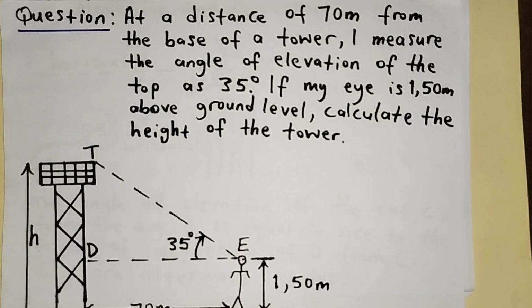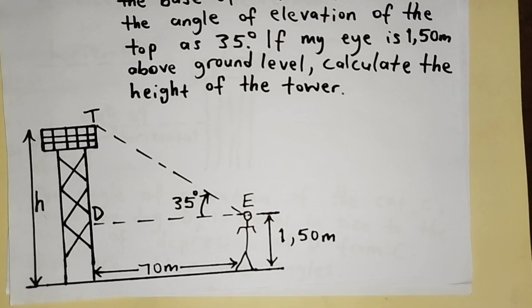Here we've got a question which says, at a distance of 70 meters from the base of a tower, I measure the angle of elevation of the top of the tower as 35 degrees. If my eye is 1,50 meters above ground level, calculate the height of the tower. In other words, the line of sight here is 1,50 meters above the ground. So you want to calculate the height of the tower.